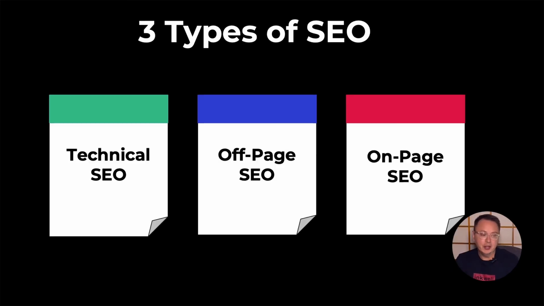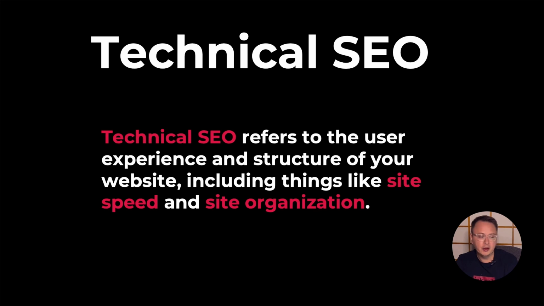In this chapter, we learned about the three major types of SEO and the different ranking factors within each one. We learned that technical SEO has to do with the user experience and structure of your website, which includes things like site speed and how your website and web pages are organized.